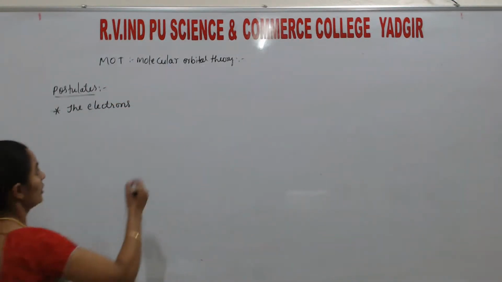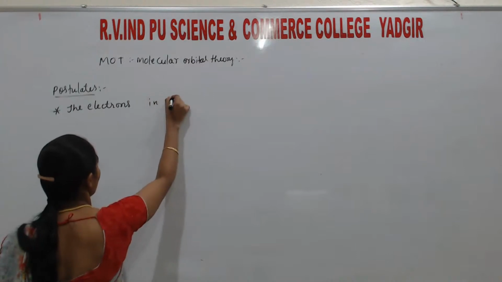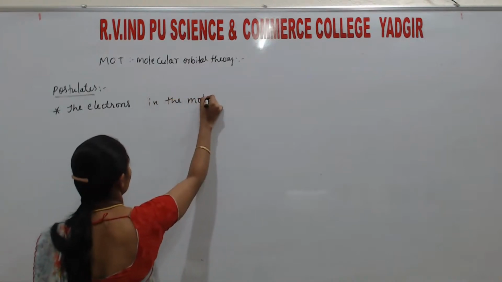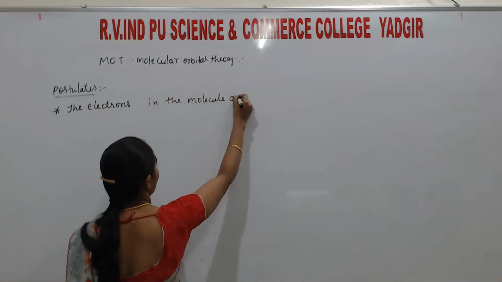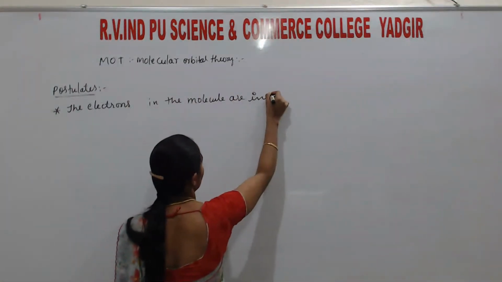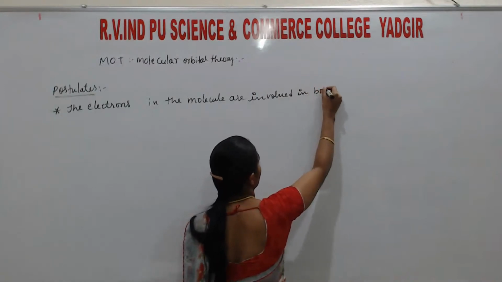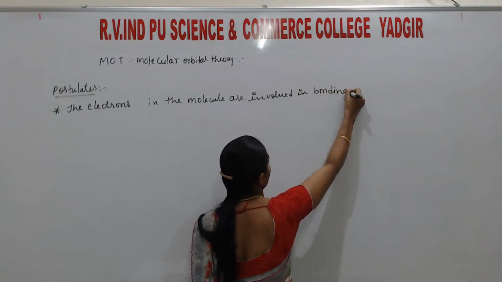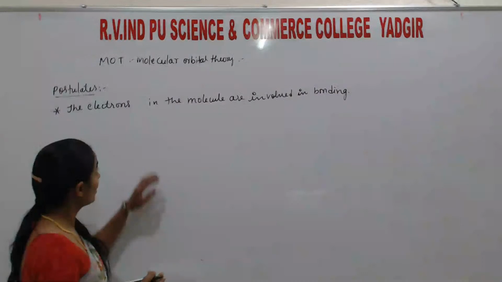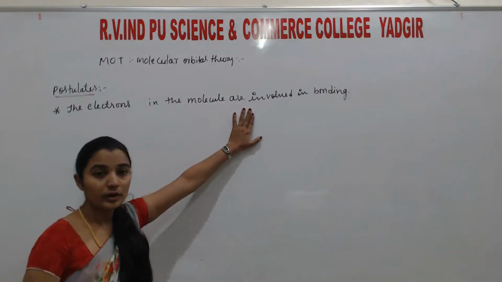The first one is: electrons in the molecule are involved in bonding. Electrons in the molecule are involved in bonding.